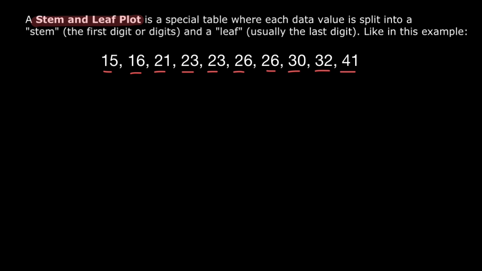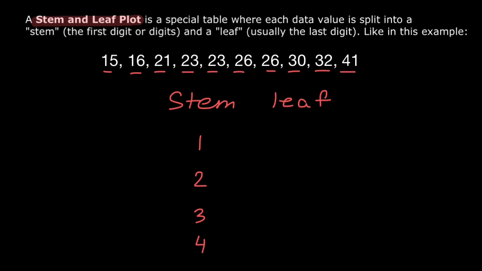So let's build a table where we have two columns. One we call stem, another leaf. So we put in stem 1, 2, 3, and 4.